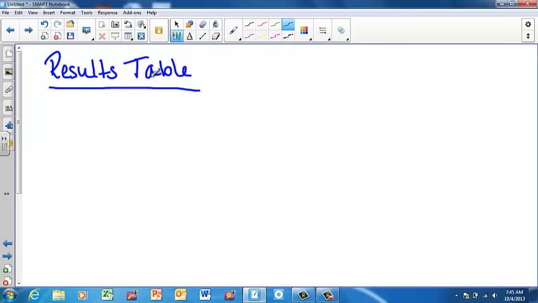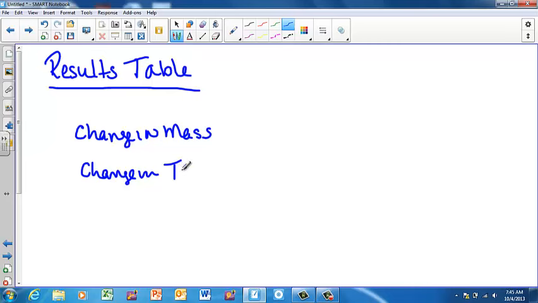Now the very last thing that you need to do, which is what we typically do in quantitative labs, is you need to summarize the results in a results table. So all you have to do for your results table, remember there were 5 calculations that we just did. What I want you to do is list those calculations out to the side.